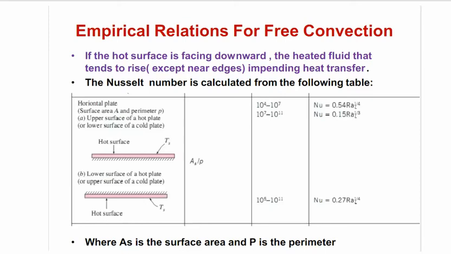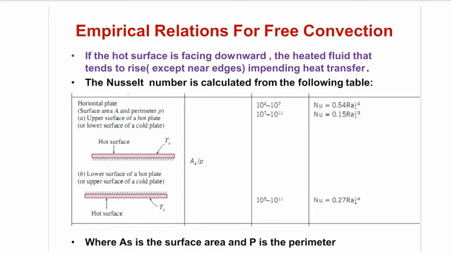Now we have the second case, the lower face of a hot plate, where the bottom face is hotter and the upper face is colder. The characteristic length is As by P, and the range is 10 raised to power 5 to 10 raised to power 11, where the Nusselt number is 0.27 Rayleigh number raised to power 1 by 4.